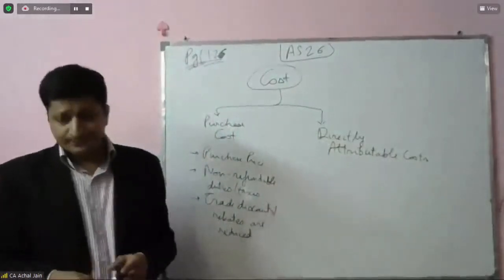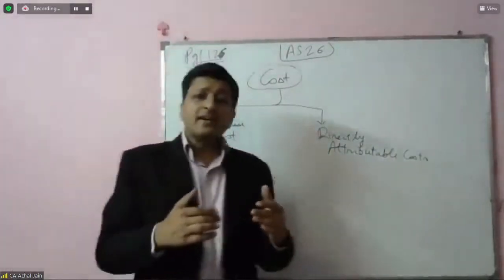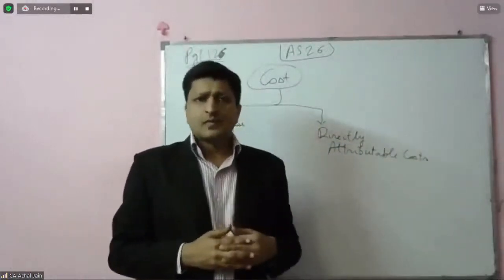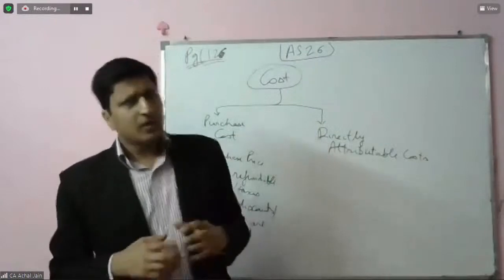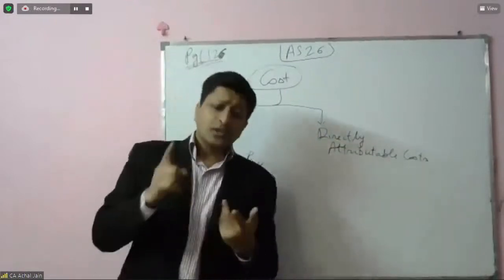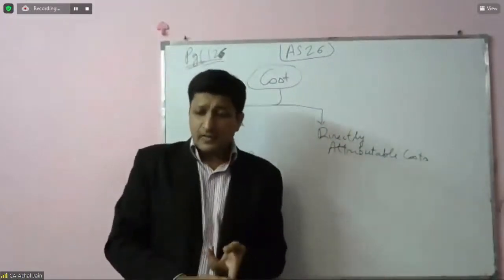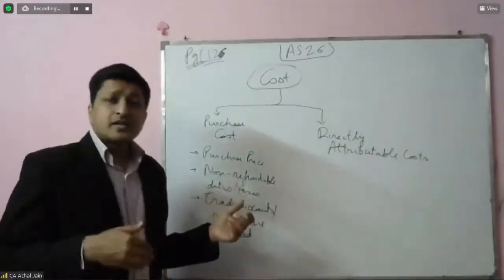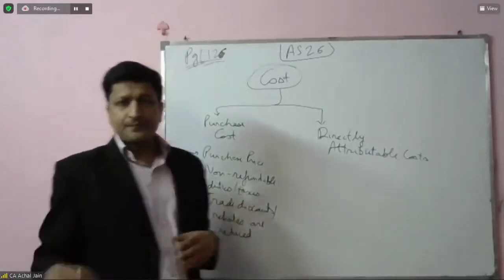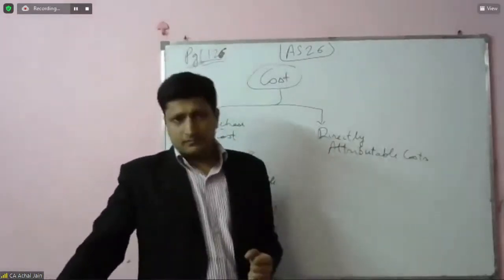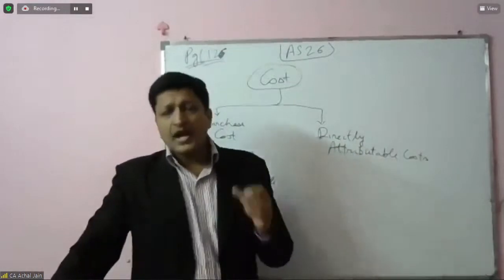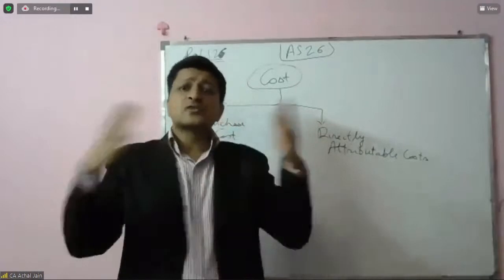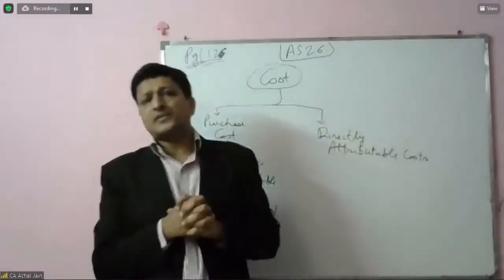For example, let's suppose an entity is internally generating an intangible asset. That is internally generated. Now, on this internally generated intangible asset, if an entity is deploying its manpower, employees are involved, consultants have been hired, a building is being used exclusively for the generation of the intangible asset.